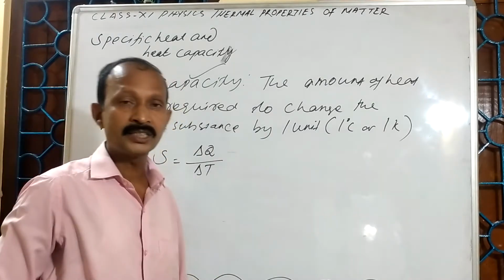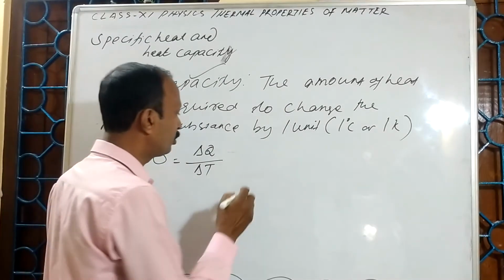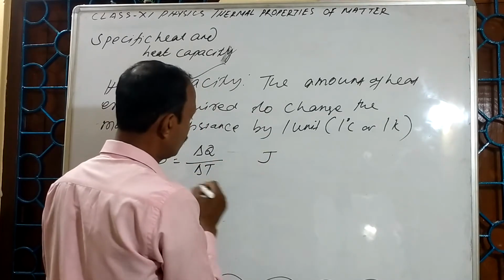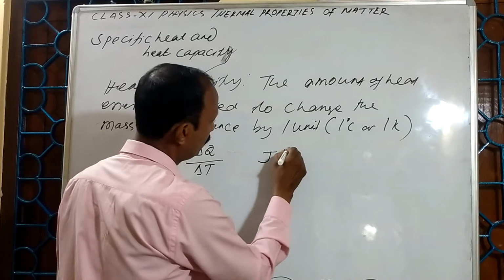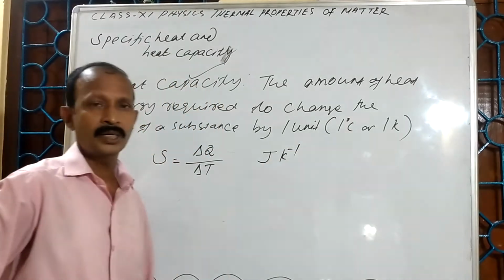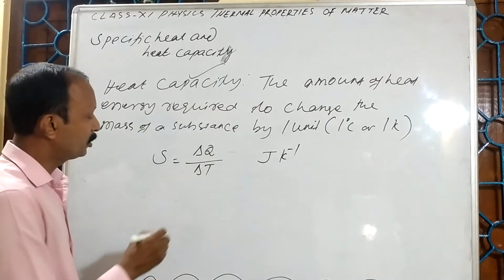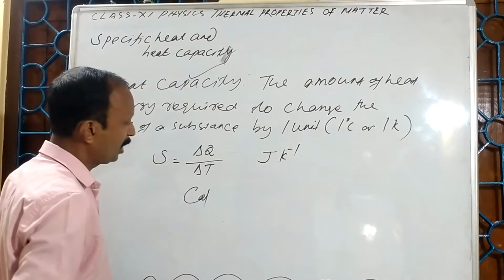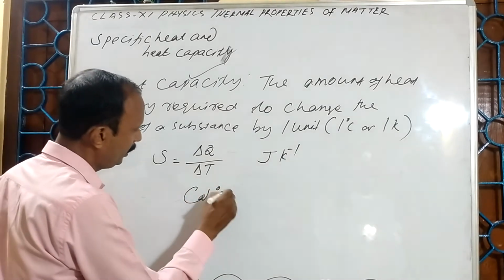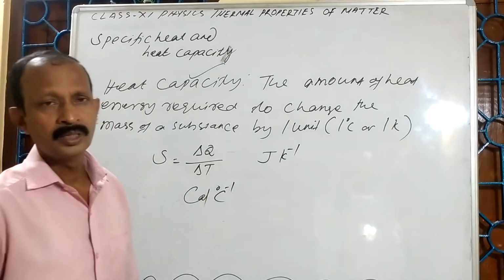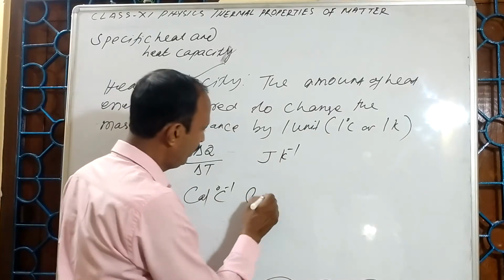Then what will be its SI unit? Heat is the joule, temperature is the Kelvin. So I can say that joule per Kelvin, or you can also use calorie per degree centigrade, or we can use calorie per Kelvin also.